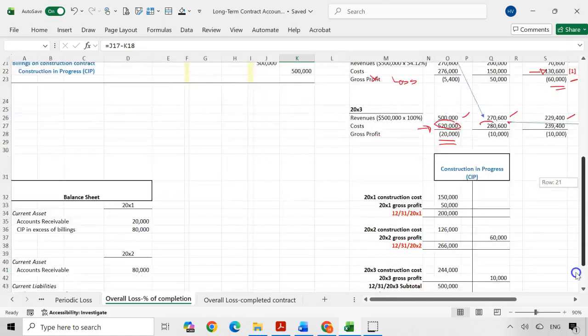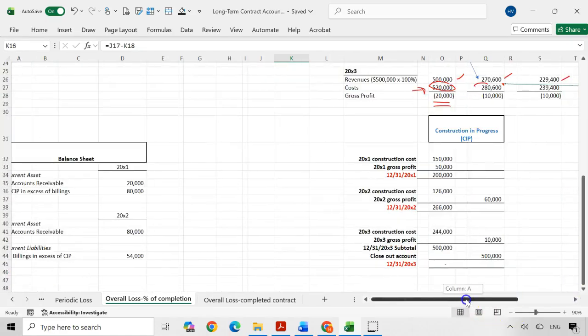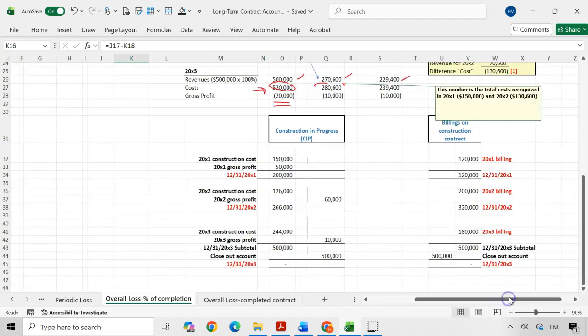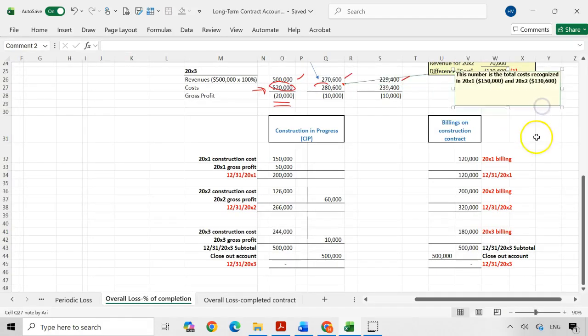Now I'm going to go down to our T accounts. Let me just move that note. For the construction in progress, we debit all the costs that we incur during each of those years, and that is covered in part 1 of the series of videos covering the balance sheet entries.